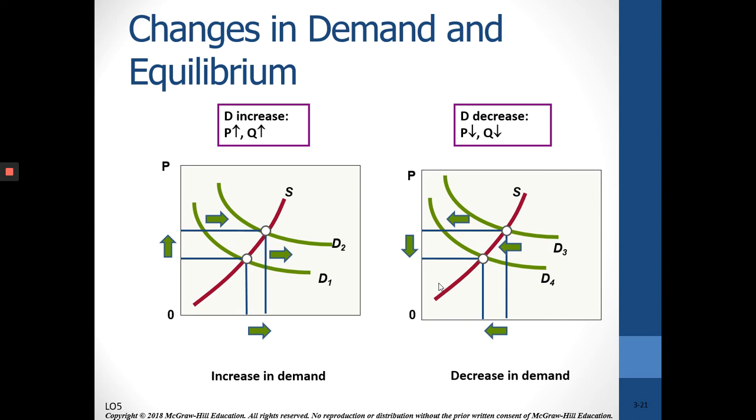For example, recently, this is May or June of 2020, the coronavirus is starting to come to an end, we hope, or at least it's declining. But in the very beginning of the coronavirus epidemic, there was a huge increase in demand for facial masks, and they were hard to find. They were selling out. That increase in demand caused the price to go up.